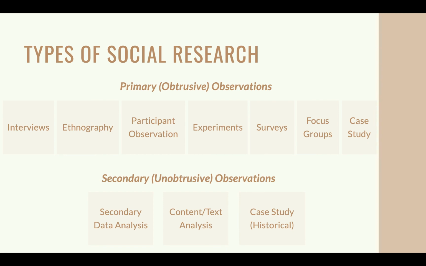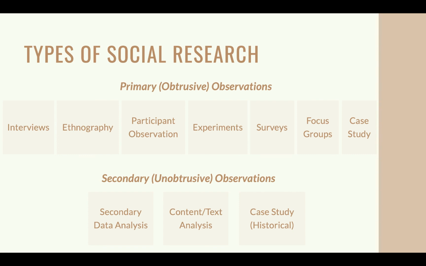A historical case study. Let's say you go back into the history books or look at somebody's journal. Unlike the case study that's looking at one person over time and asking them questions, the historical case study is after the fact. So you're not interviewing or interacting with the person or the topic that you're interested in. You're looking at other documents that have been produced about that topic.